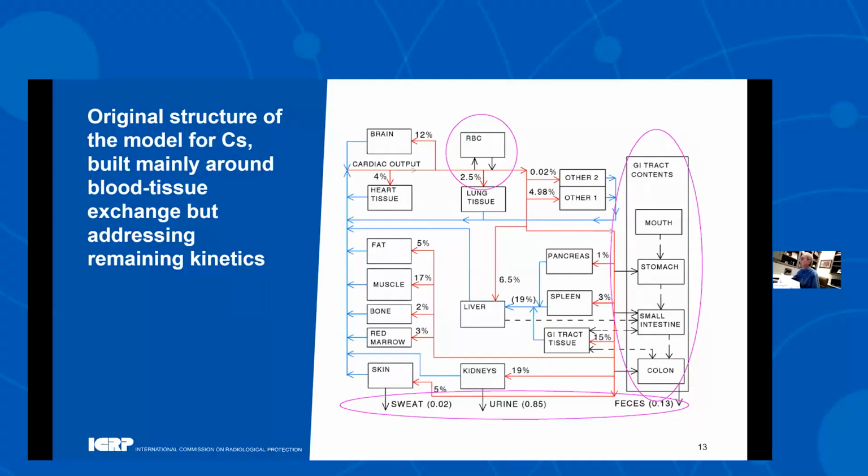And on the right, there's a great deal of exchange of cesium between the systemic tissues and circulation and the GI tract contents.